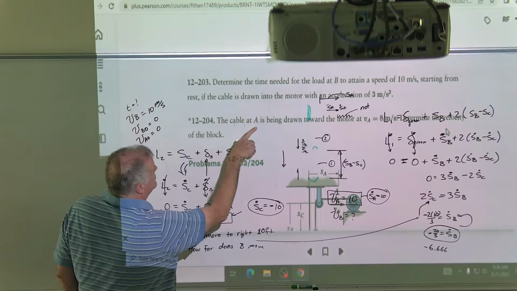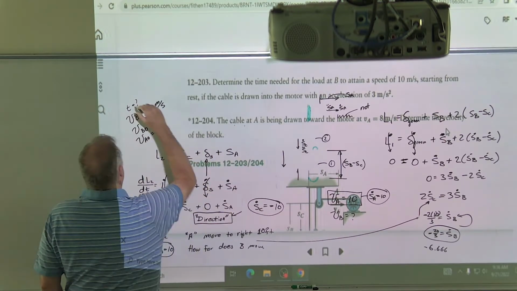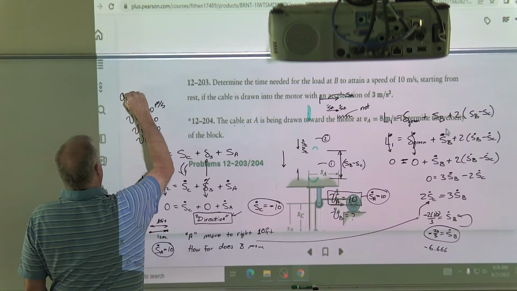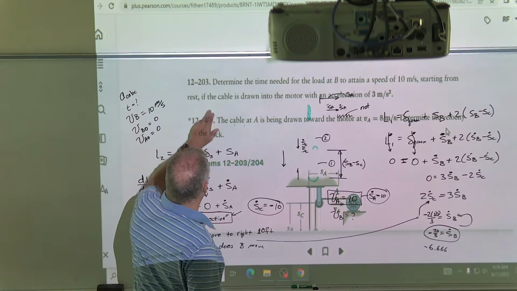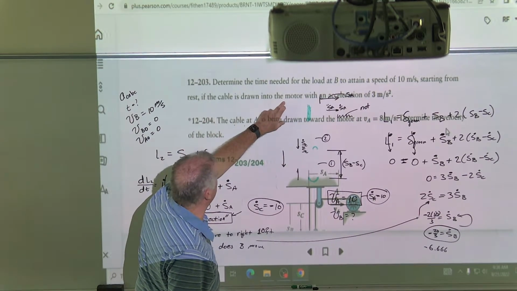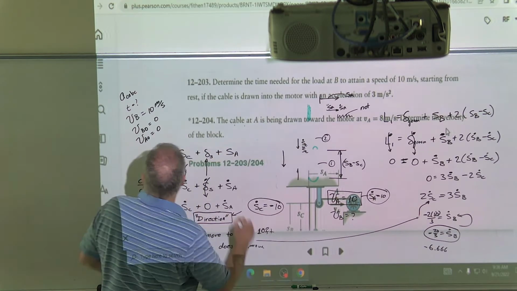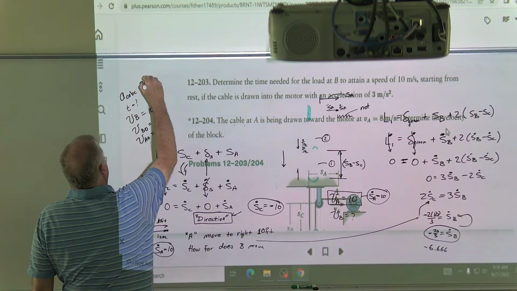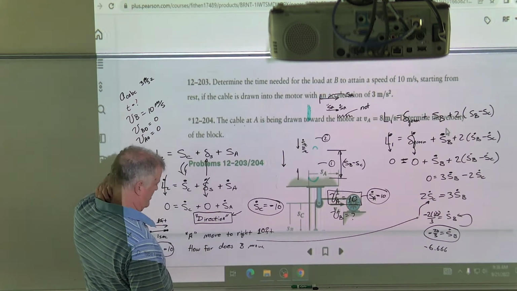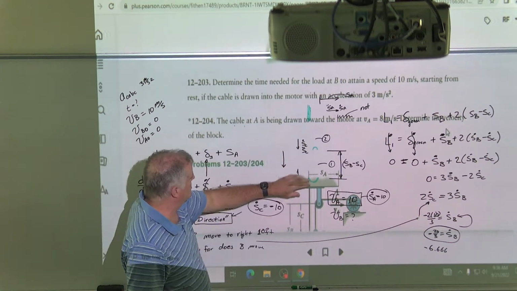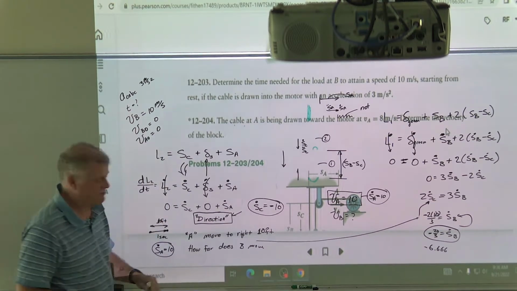If the cable is drawn with an acceleration, okay, the acceleration of the cable, it's drawn into the motor with an acceleration of 3 meters per second squared. So let me scroll it back up and put the drawing back on top of this, and I think we can work this part out.